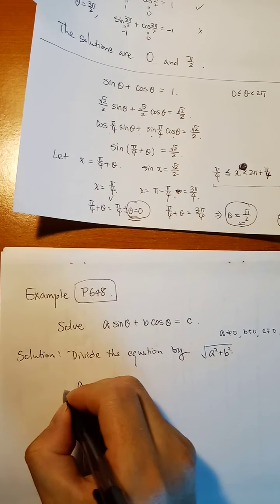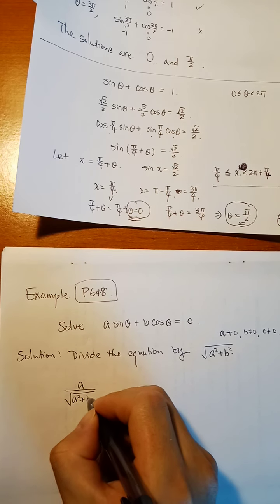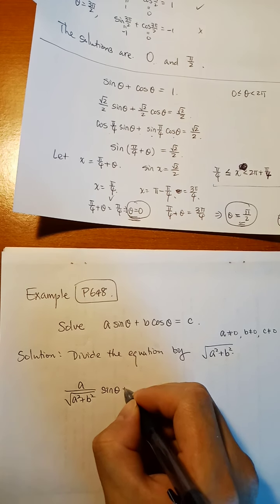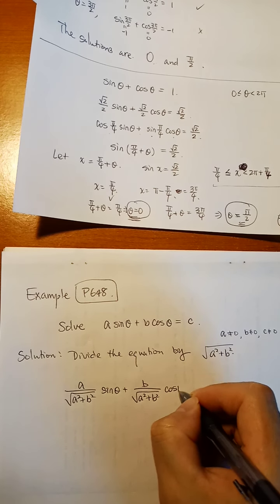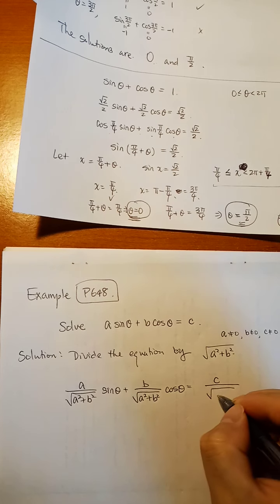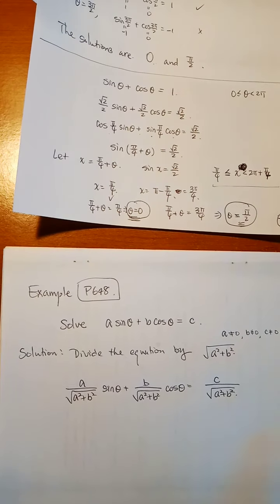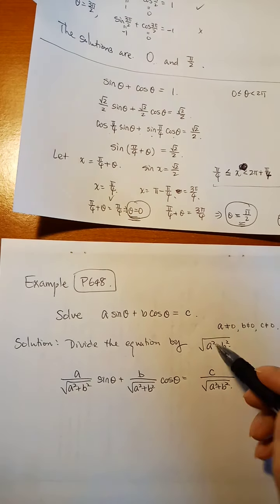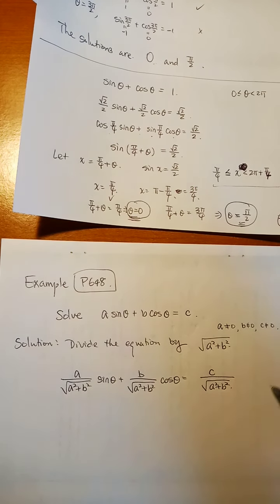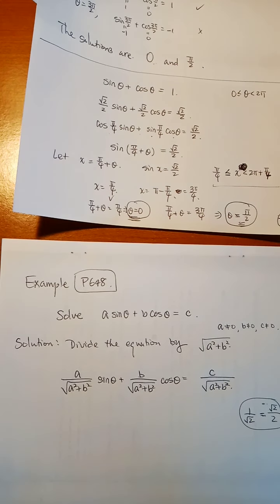Here, a is 1, b is 1, so we divide by square root of 2, and you get 1 over square root of 2, which is square root of 2 over 2. That's the reason we have such a number.